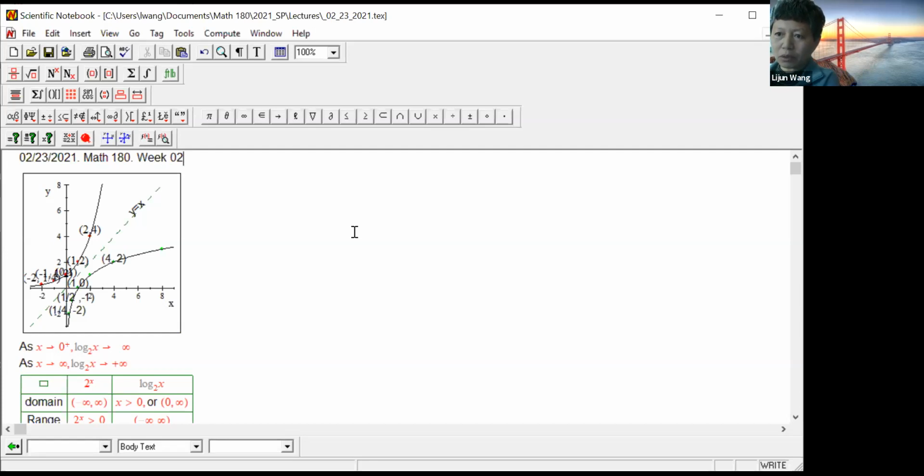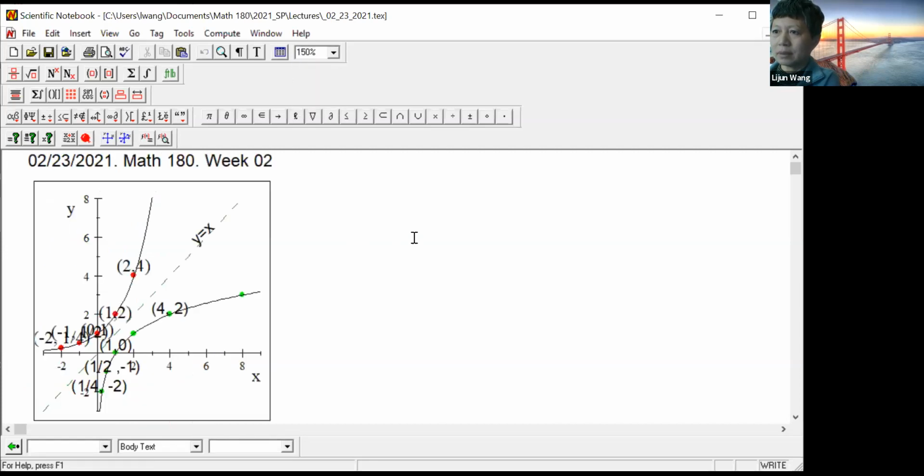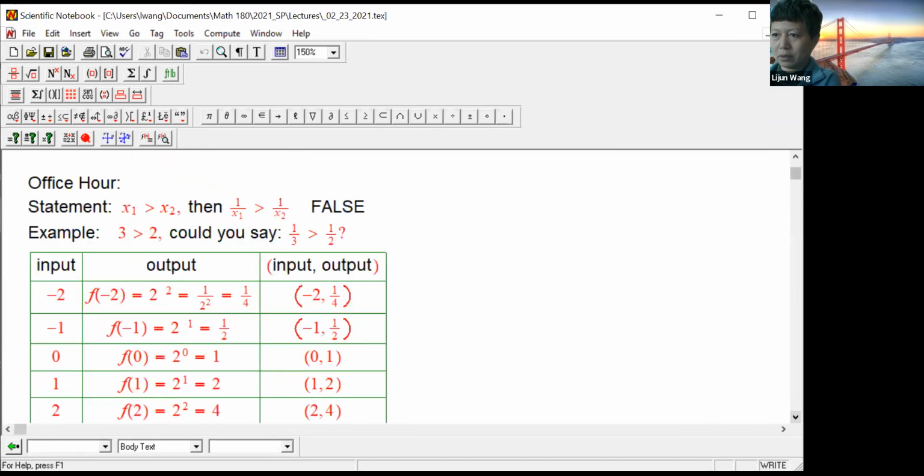Yesterday, we talked about 2 to the power x, which is this curve, and the log base 2 of x. And we plotted the points: input, output, input, output.